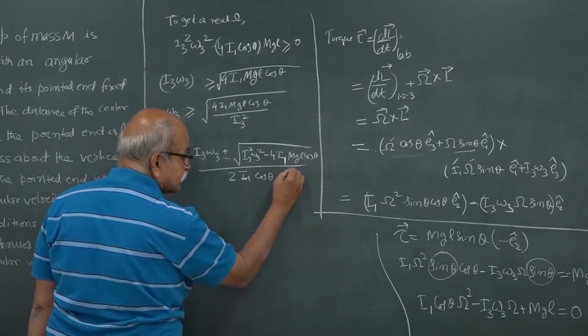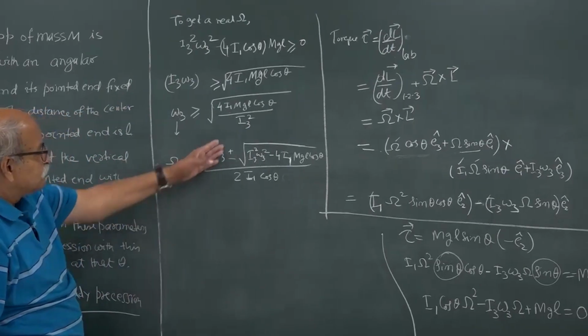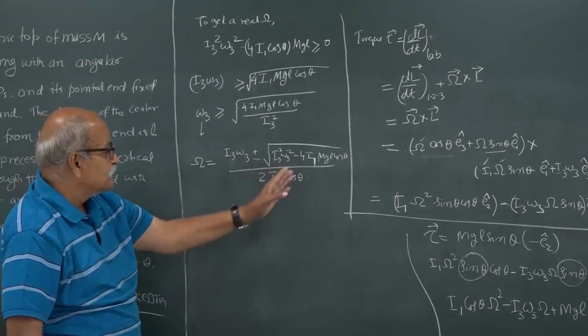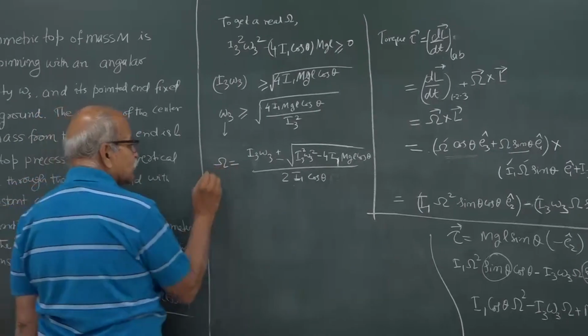That is, minus b plus minus square root of b square minus 4AC divided by 2a. So, these are the two values of this capital Omega.